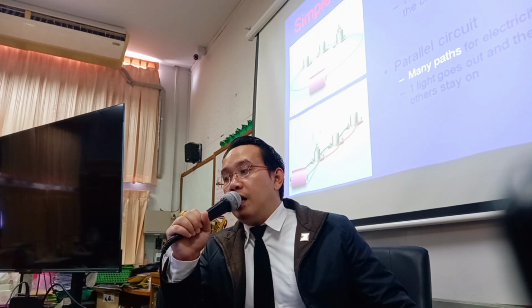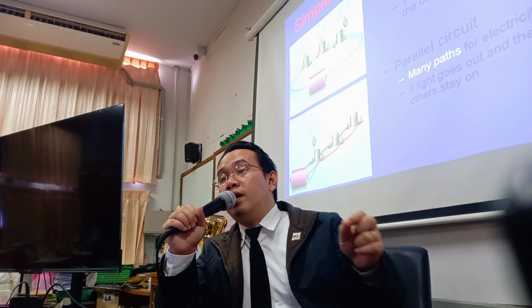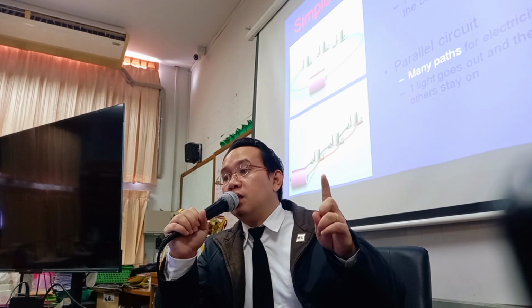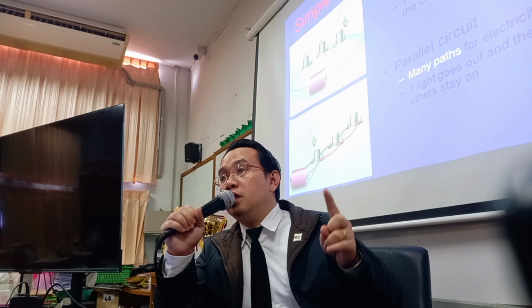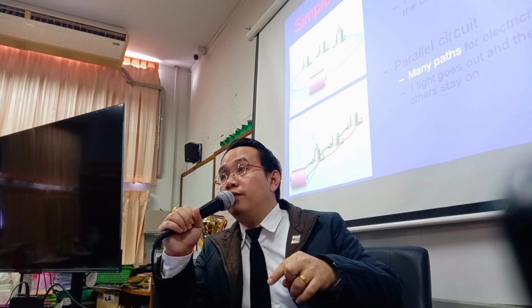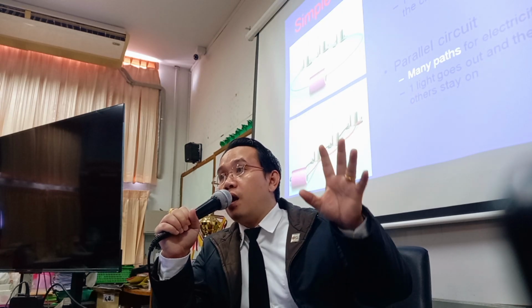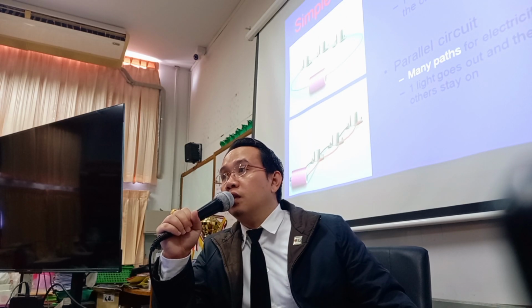If one light goes out, the other stays on. It's because the electrical wiring connects from one end to the other. In a series circuit, everything is all in a row. This is a shortcut way for some electricians to install. It depends on the area or structure when it comes to electrical installation.